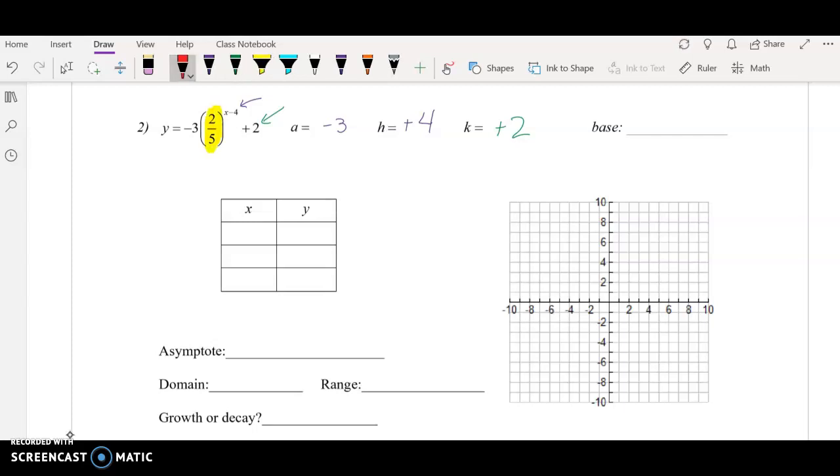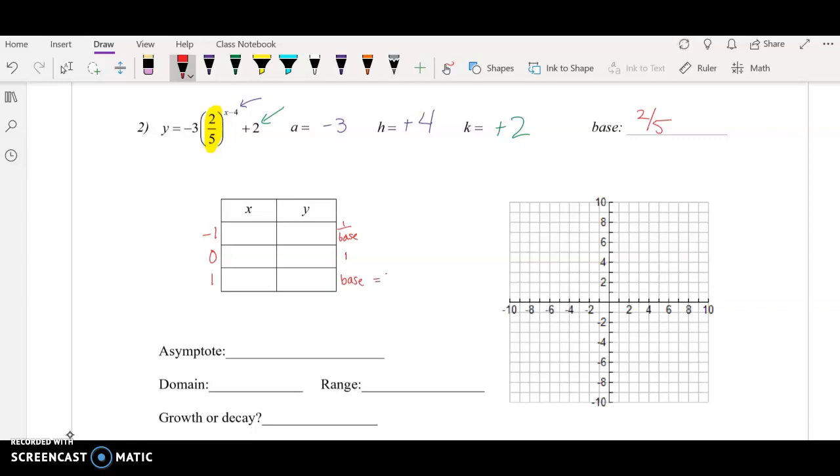Your base for this one is going to be 2/5. So for my x values, what I'm going to do is I'm going to write -1, 0, and 1. Those are always going to be my x values. My y values are the reciprocal of the base, 1, and the base.